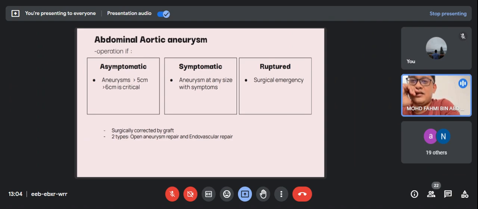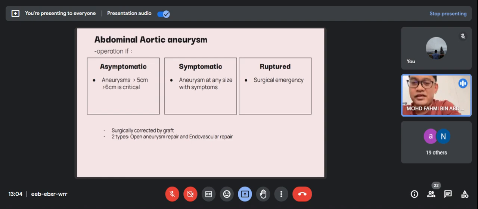Okay, aneurysm ni, what is aneurysm in the first place? Aneurysm is dilatation of aorta, abdominal aorta. The aorta, of any lah, all the vessel tu lah. By how many percent?